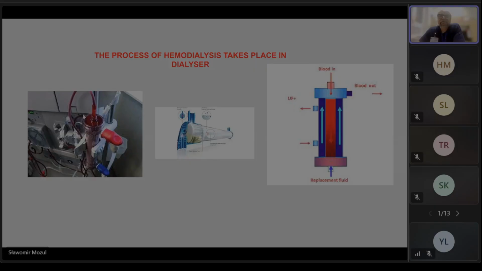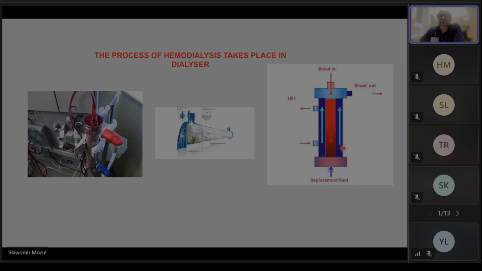We can see it in these photos. It has the form of a closed cylindrical cartridge.